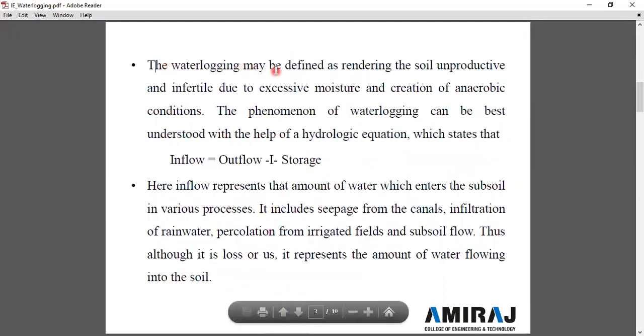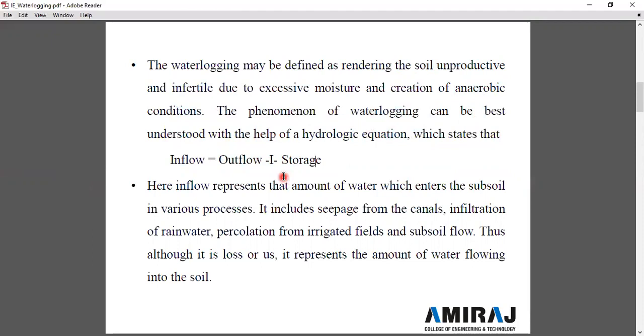Waterlogging may be defined as rendering the soil unproductive and infertile due to excessive moisture and the creation of anaerobic conditions. The phenomenon can be understood with the help of a hydrological equation, which states that inflow is equal to outflow plus I plus storage.